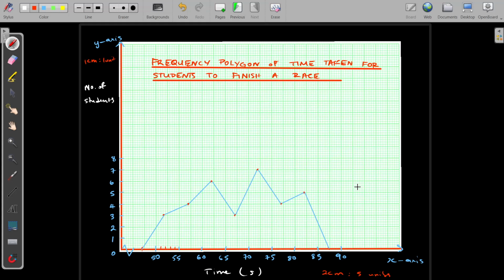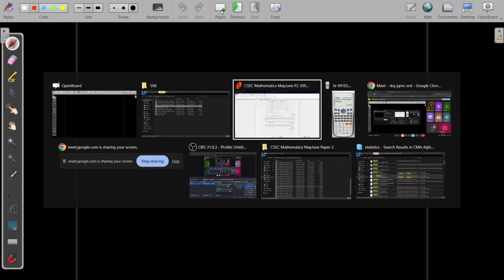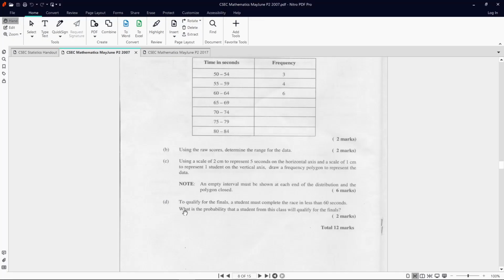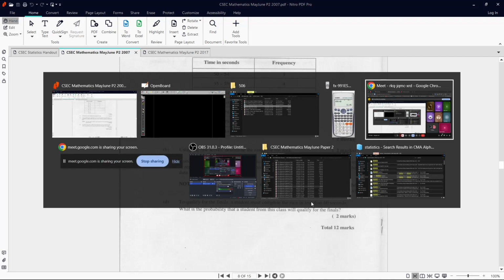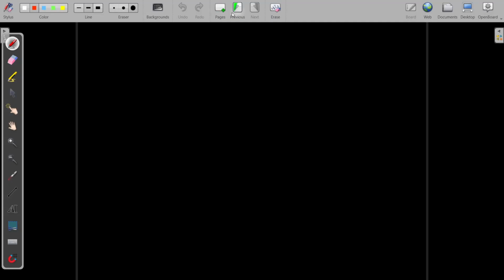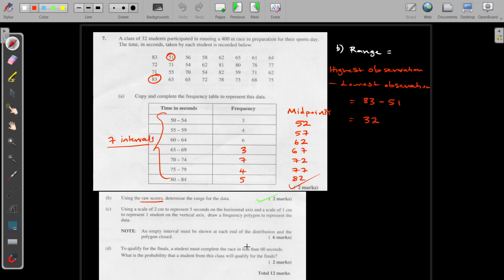And the final marks would come from this question here. To qualify for the finals, a student must complete the race in less than 60 seconds. What is the probability that a student from this class will qualify for the finals? So we're looking at less than 60 seconds.